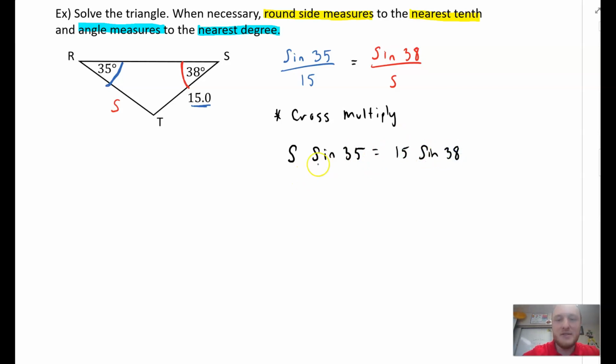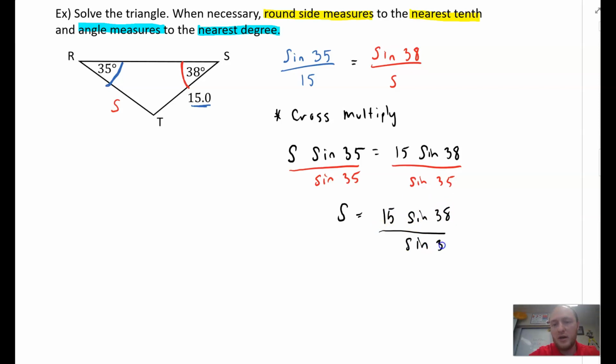I want to solve for s, so I will divide each side by sine of 35, and we get s is equal to 15 sine of 38 over sine of 35. And that is approximately 16.1 units. And ta-da, that is the law of sines. That's how you use it.